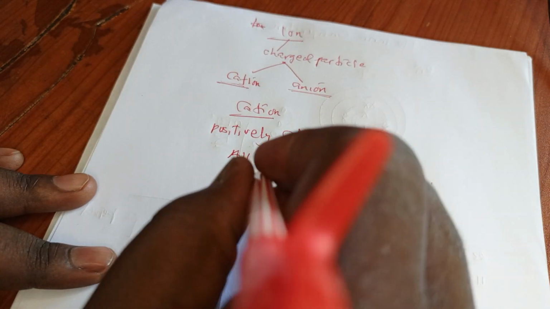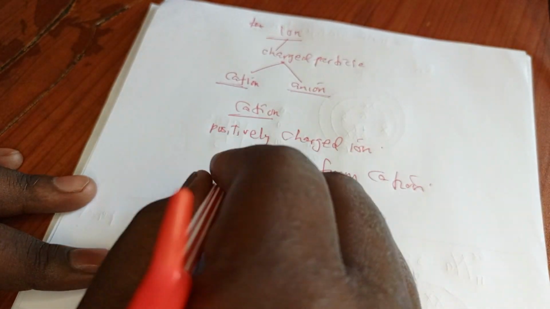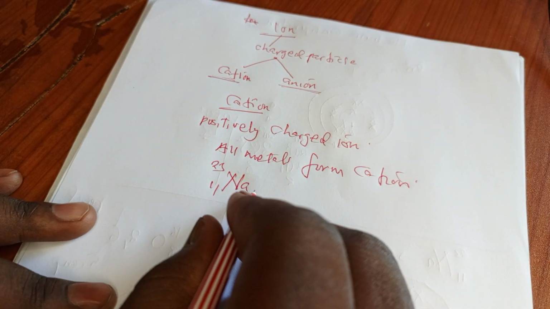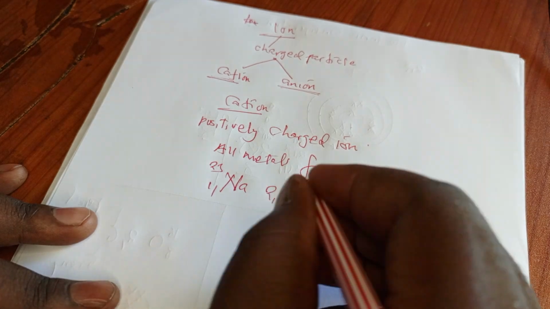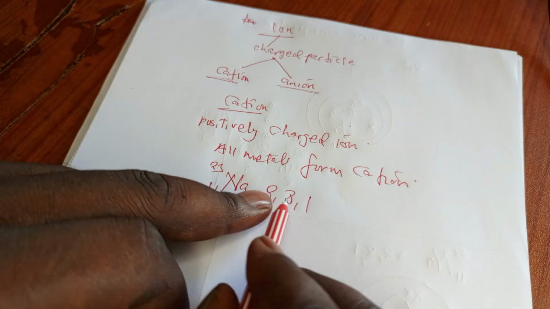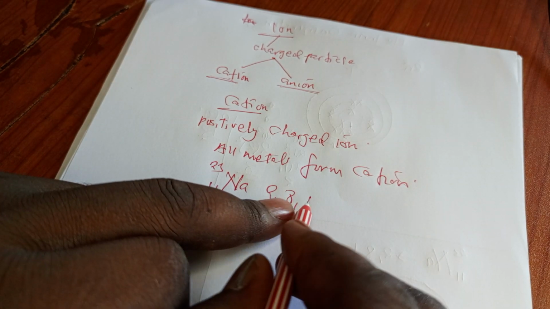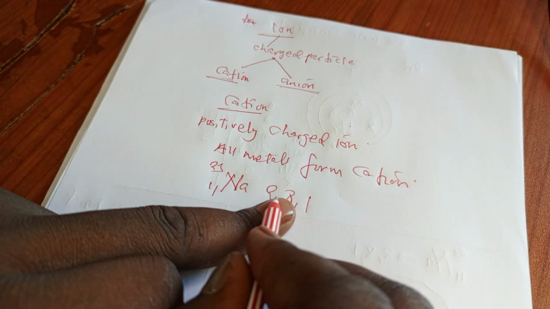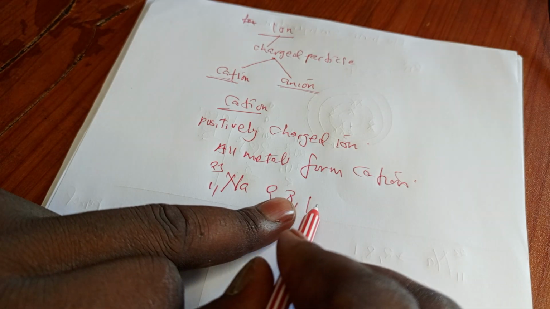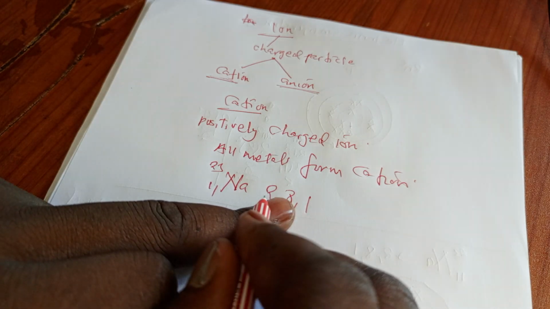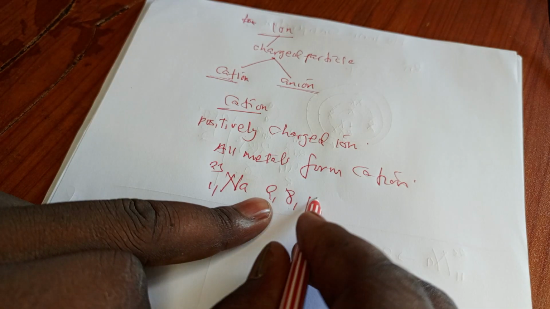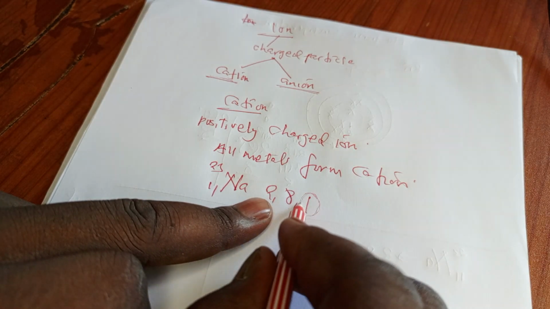For example, I'll start with sodium, 23 here, then 11 here. So I'll write the configuration for sodium, which is 2,8,1. Since I said an element with 1 or 2 or 3 electrons in the outermost shell is a metal, sodium, for it to be stable, is supposed to lose this 1 electron.